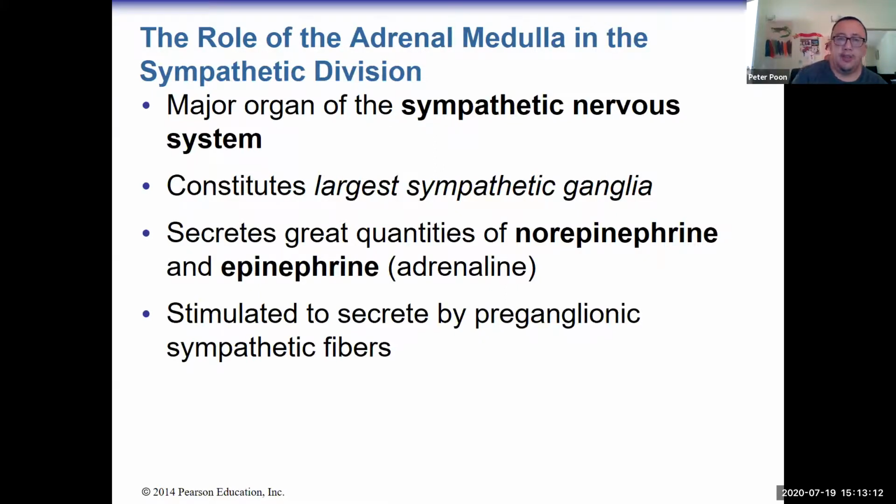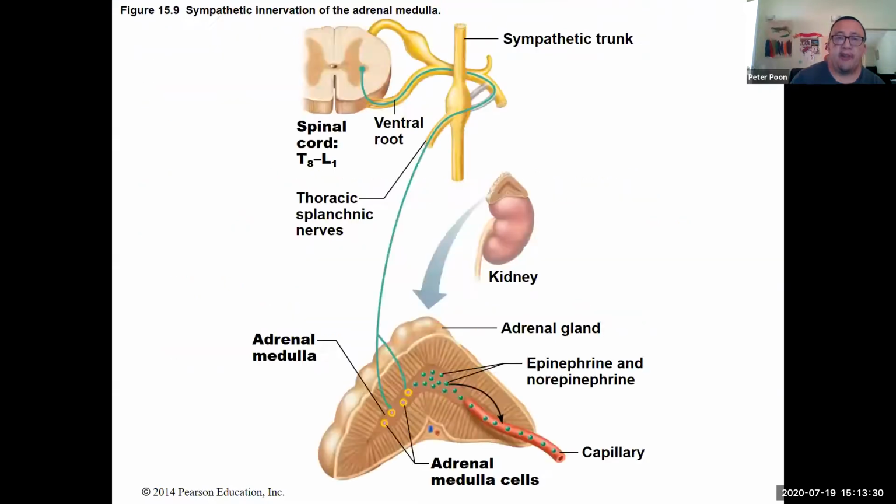It constitutes the largest sympathetic ganglia. It secretes large quantities of norepinephrine and epinephrine, and together in that 90-10 ratio, that is adrenaline. It similarly secretes that by the preganglionic sympathetic fibers.